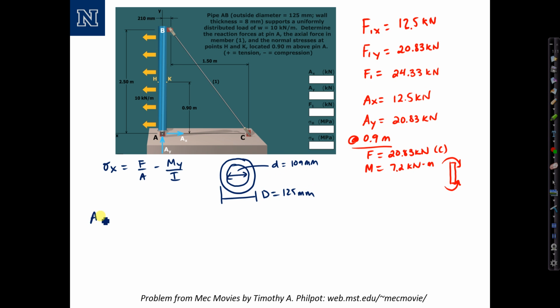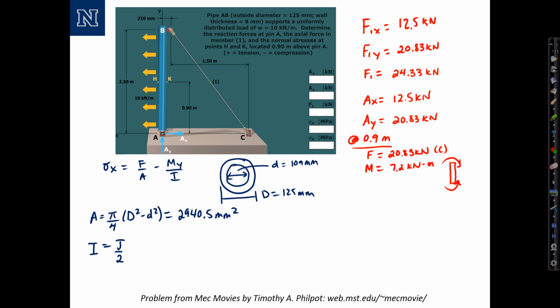The area would be computed as pi over 4 times big D squared minus little d squared, where I take 125 squared minus 109 squared, and that computes to 2940.5 millimeters squared.